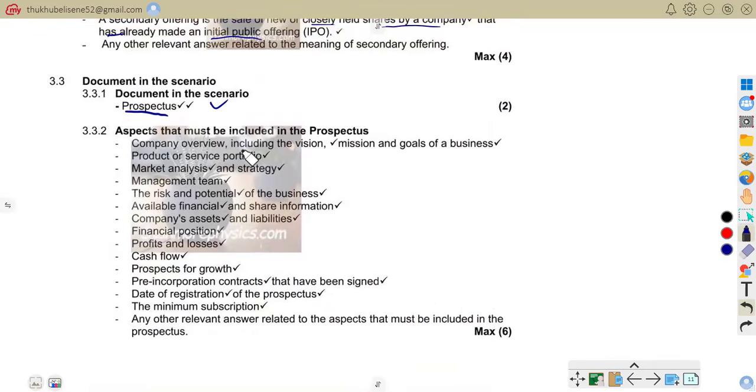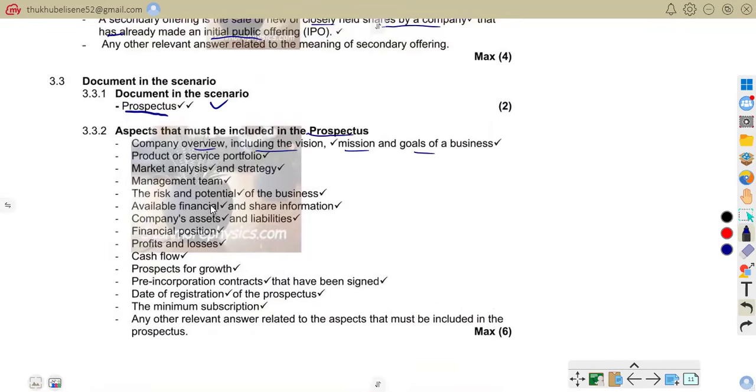The first aspect is company overview, including the vision, mission, and goals of the business. This provides general information about the company's purpose and direction.